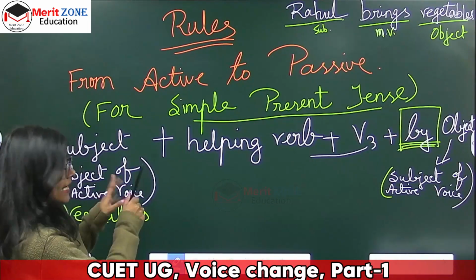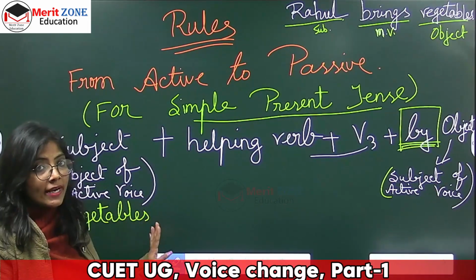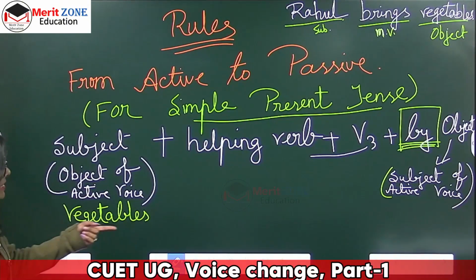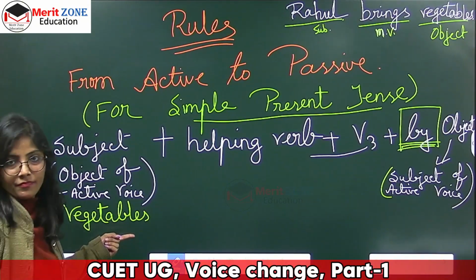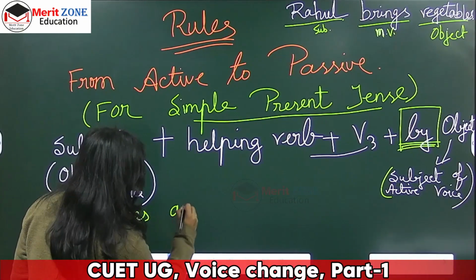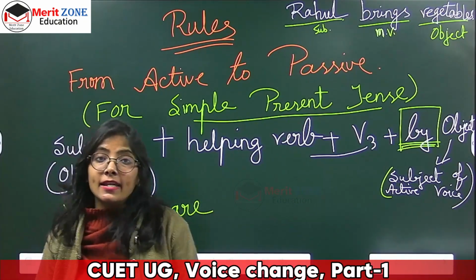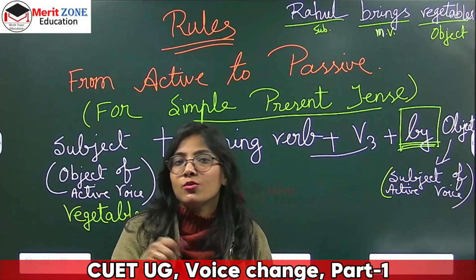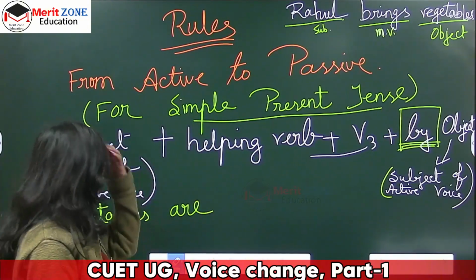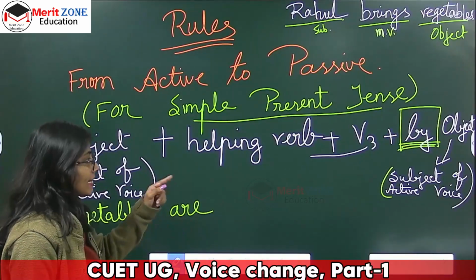Vegetables, first the tense is present tense, so we have to stay in present tense, and this is singular or plural, as we can see. Vegetables, it's plural, it's more than one, therefore the verb will be are, because in simple present tense we only use is, am, are, we don't use any other helping verb. Now for plural, are. Then comes V3.